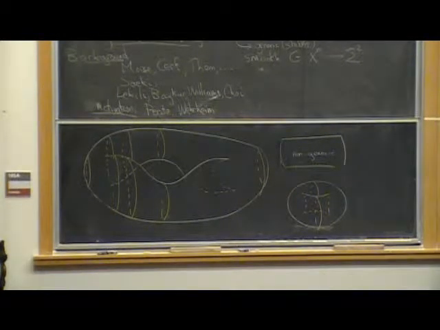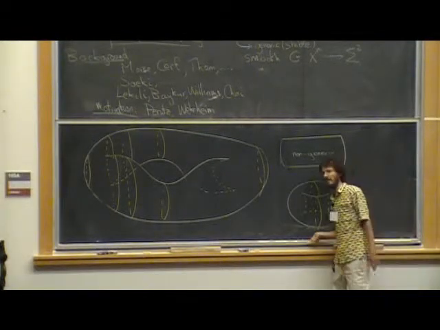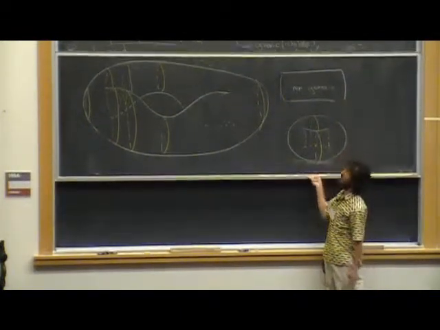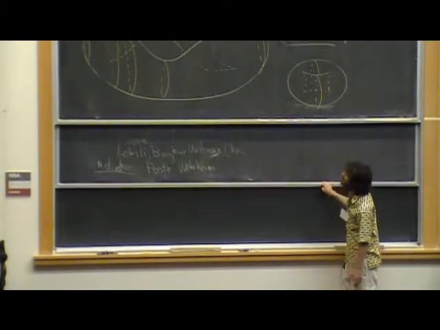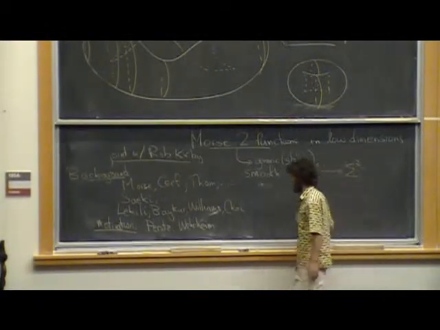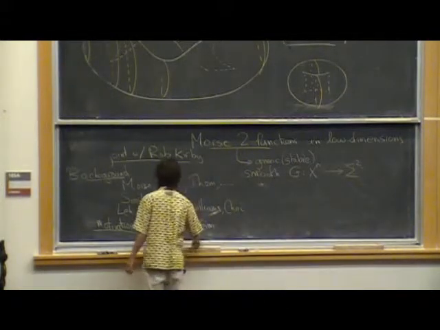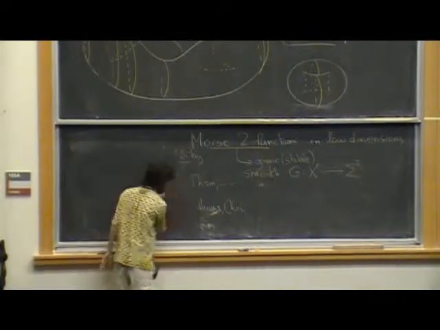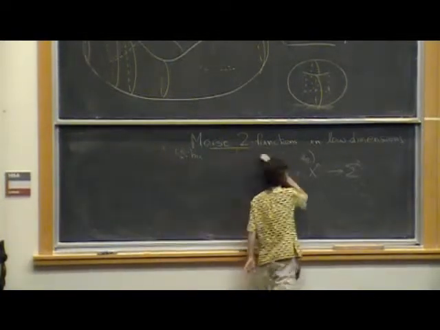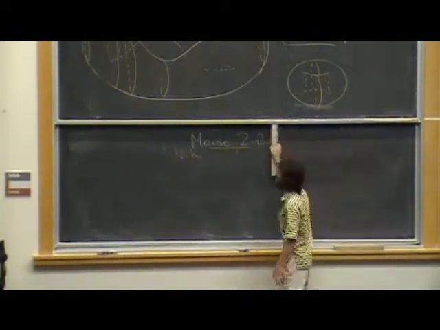But so that's all supposed to be a setup for me telling you what the local behavior of Morse 2 functions are. I'll try to illustrate both when the dimension of the domain is 2 and then when the dimension of the domain is higher. So, make a little table.